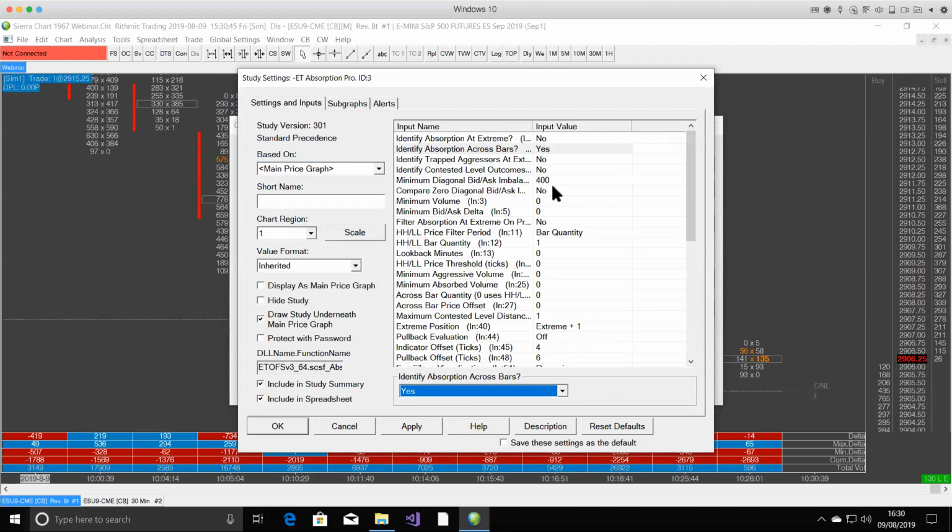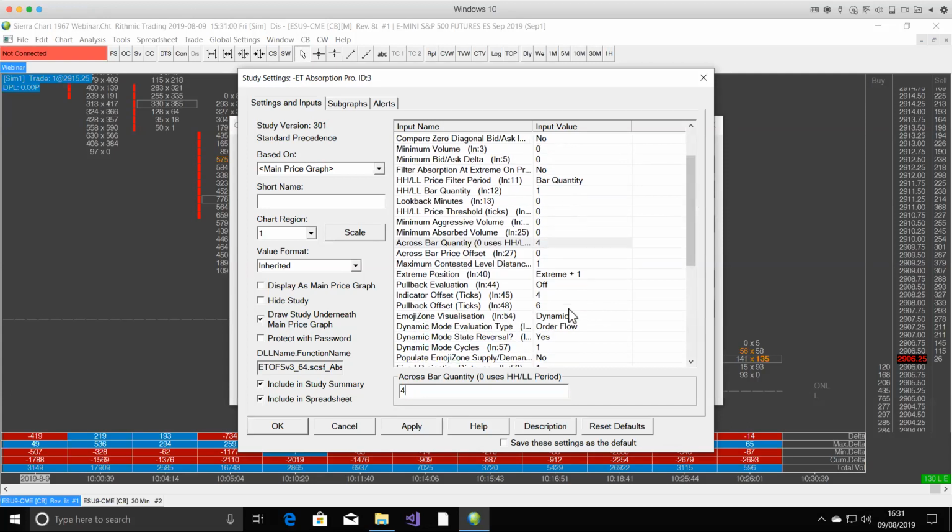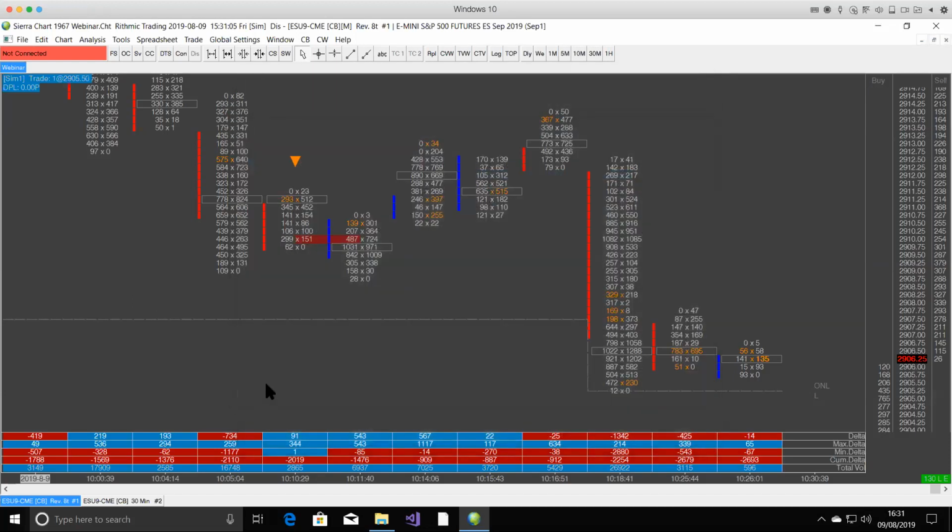We can set how many bars we want to look back across. So let's say we're going to look across, let's see, it's an 8-tick reversal. We'll look across 4 bars in this case, and we will visualize this as fixed projection for now, just so we can see level. Let's see what turns up. Okay.